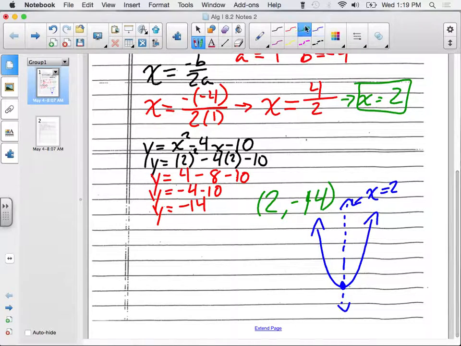So that one has an x value of what? 2. And then the second part, we found its y value to be negative 14. That's just a rough visual of what it would look like.